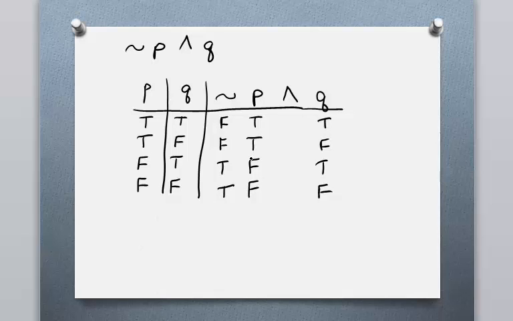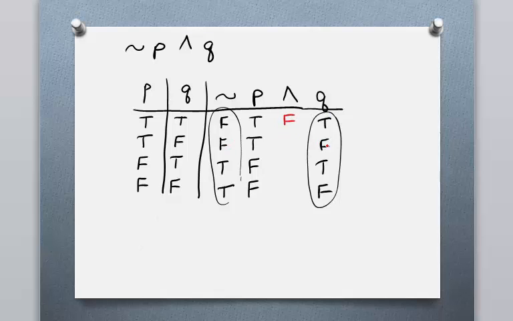So now we are going to look at this column and this column. And we're going to do an AND. So if we have a false and a true, we know that that is equal to a false.